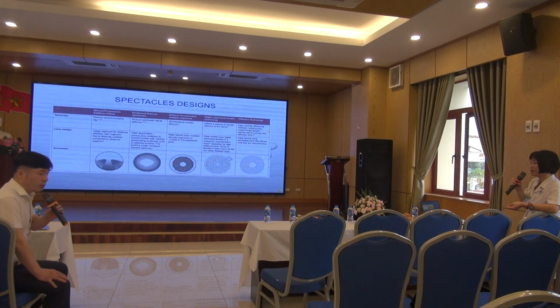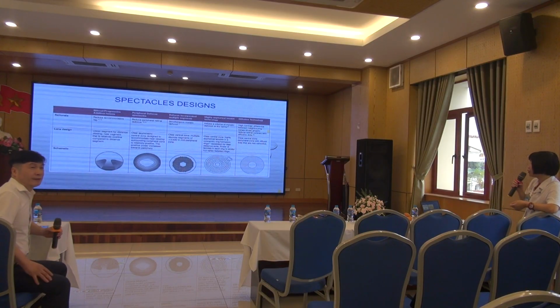And there's also a new article. They found that if we use Ortho-K and compare the choroidal layer, the choroidal layer surrounding the macula may be thicker. Do we know why? I don't know.